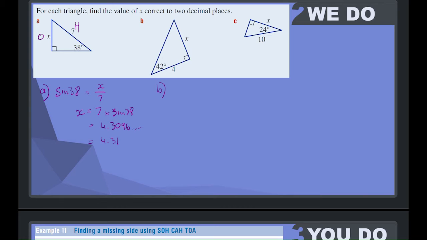Next one. We've got O and we've got A. So we're going to go for tan. The x is on the top of the fraction, so we're just going to times by the 4.